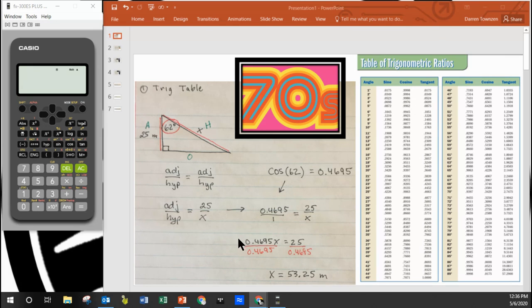So now this black equation right here has a number in front of the variable. And as you know, whenever you solve an equation and there's a number in front of the variable, you divide by that number. So we have to divide both sides of our equation by 0.4695. And when we do that, we find out that the hypotenuse of our triangle is 53.25 meters long.